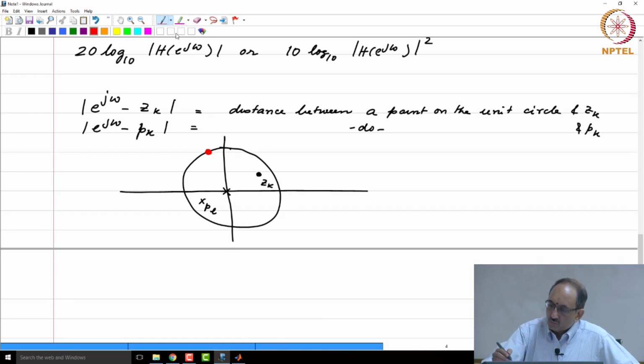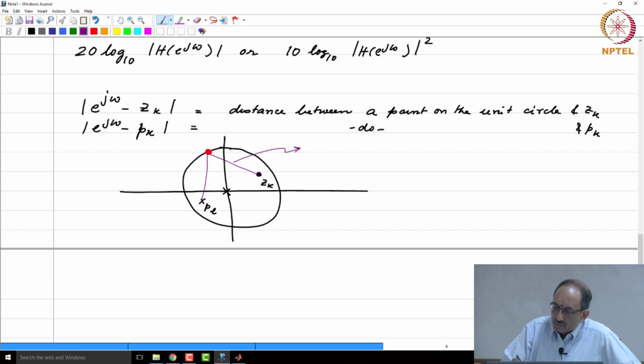Therefore, what is happening here is e to the j omega minus zk, its magnitude is nothing but this line segment. Similarly, e to the j omega minus pk is this.